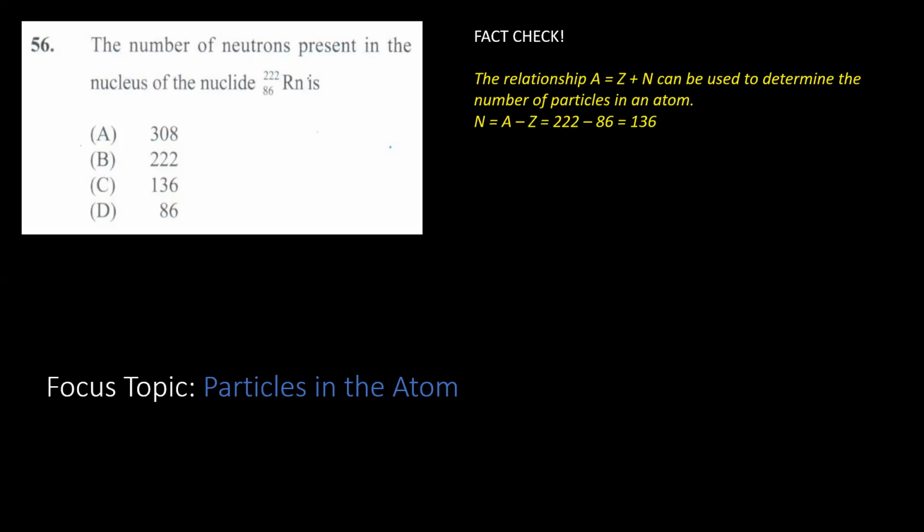Now the mass number, 222, is also known as the nucleon number because it gives the total number of protons and neutrons that are present. And 86 will tell you how many protons are present. So we can determine the number of neutrons by subtracting the atomic number from the mass number, which would give us 136 neutrons. That's C.